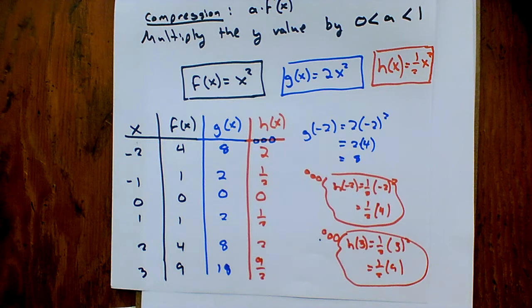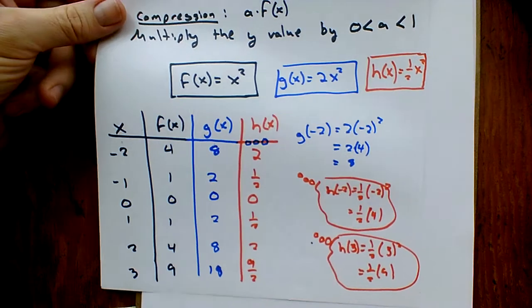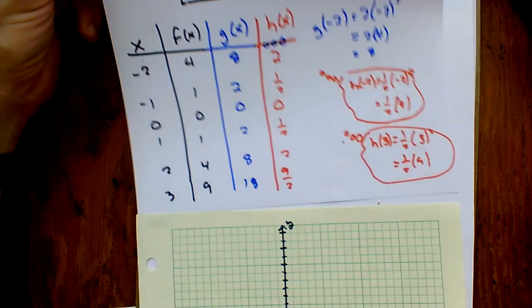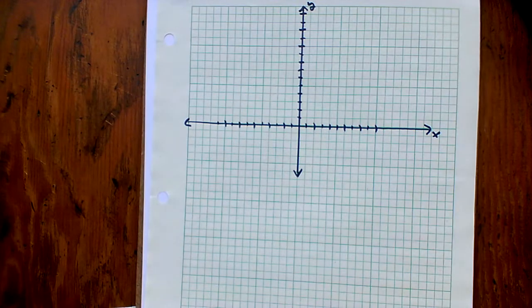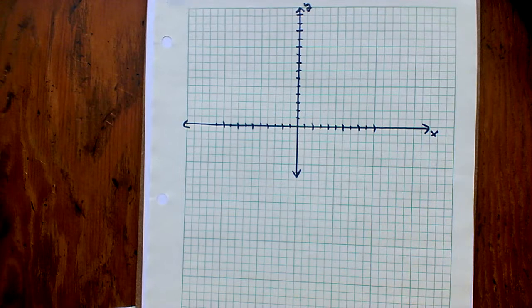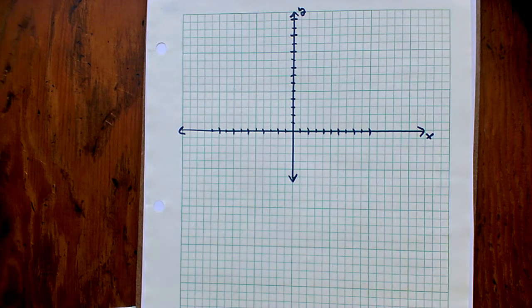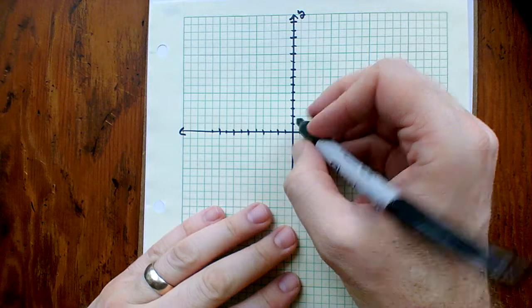So let's graph these and show what these different shapes look like on a graph. Since we're going to be very careful with our scale here, I've marked this out this time, and let's take a look at our parabola, that basic function of x squared.